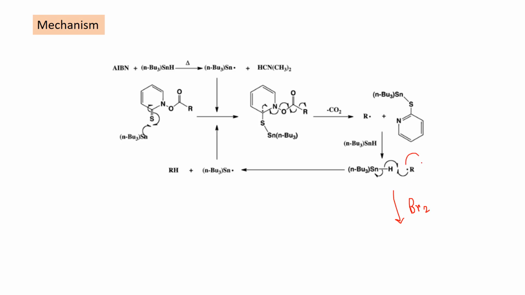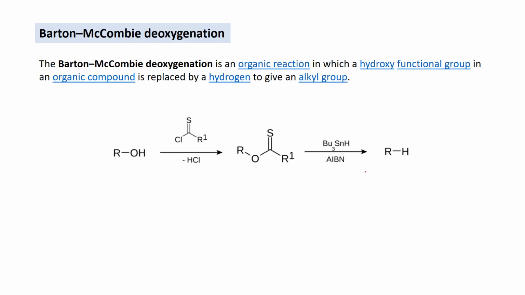This radical will attack this halogen source, forming RBr. Okay, so by just changing, if you add some other type of groups, then instead of taking a proton from the hydrogen donor, it can react with that and the carboxylic group can be substituted with other functionality.